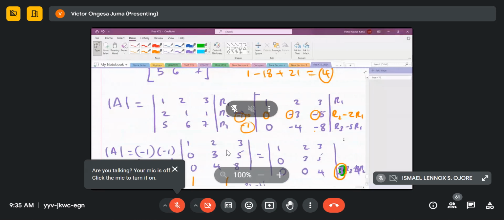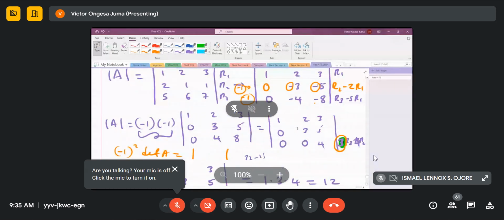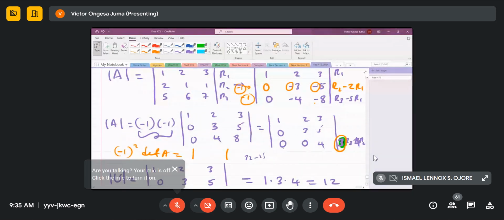So if a scalar multiple of row 2 is added to row 3, then the determinant remains unchanged. So it only changes if you multiply the row you are eliminating. I'm just using row 2 to eliminate row 3, and so this factor here has not affected anything on row 3. It's only just a number used to eliminate.